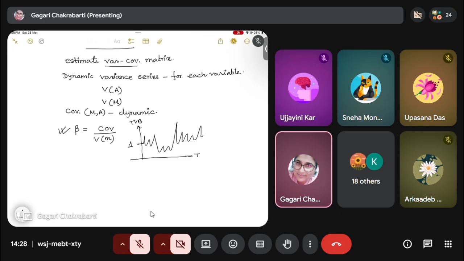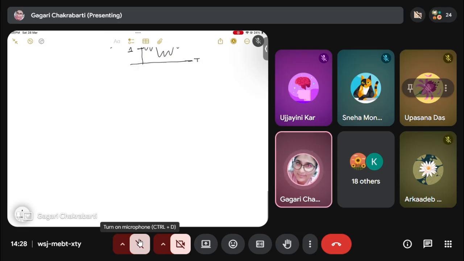So you extract the dynamic variance or the conditional variance by estimating the model. And along with the variance, you can extract the covariance series that will also be conditional, so that now using the dynamic variance and the dynamic covariance, you can find out the dynamic beta. Okay?